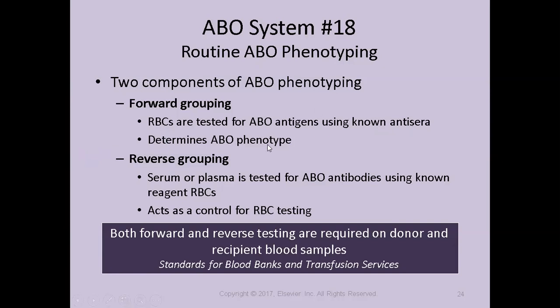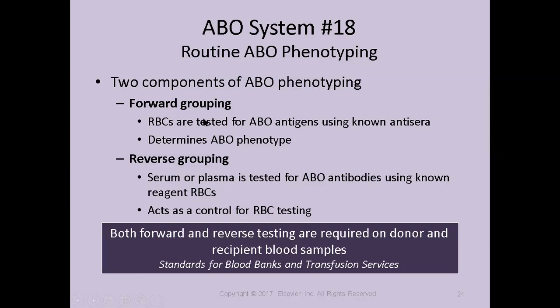This determines the ABO phenotype. As a double check, we do reverse typing or reverse grouping, where we take the patient's serum or plasma and we test it with reagent red blood cells, A1 cells and B cells, to see which ABO antibodies, if any, the person has.